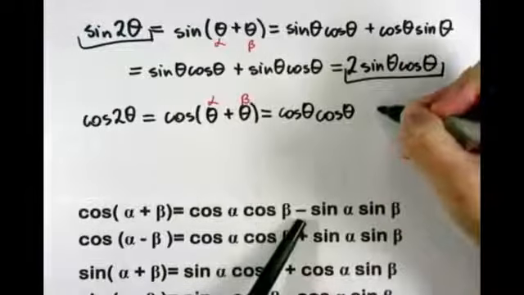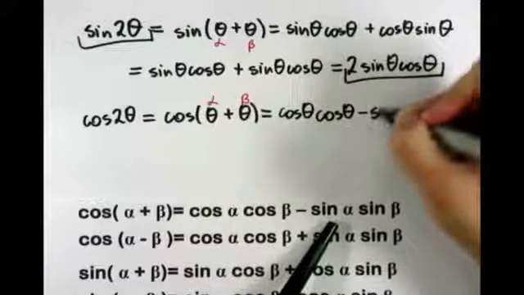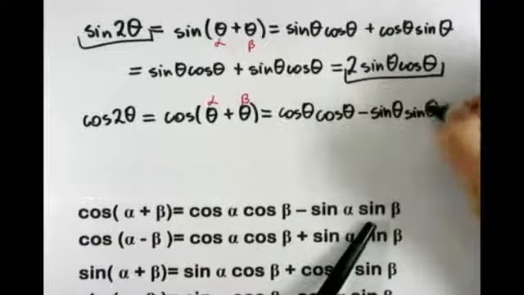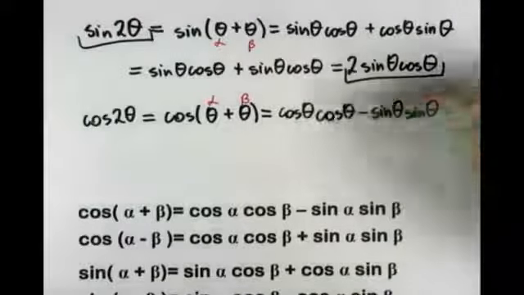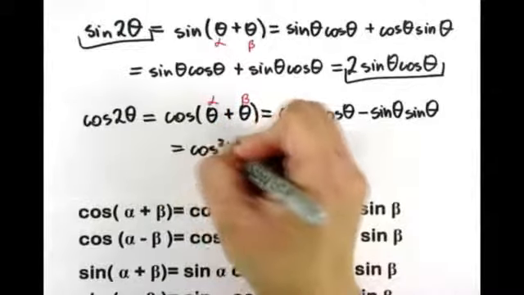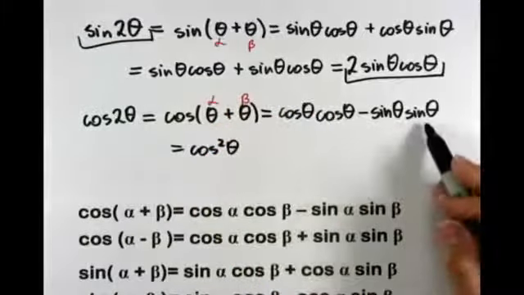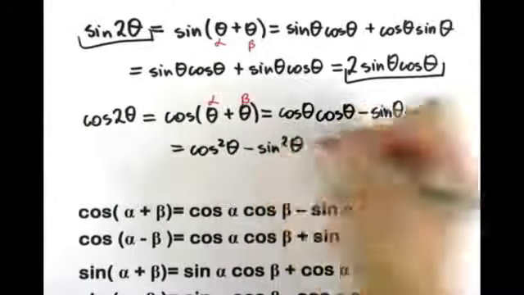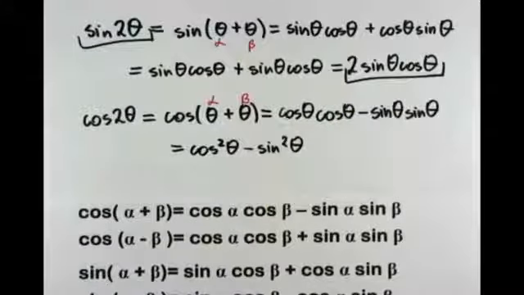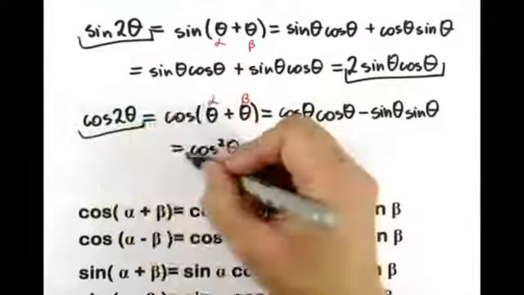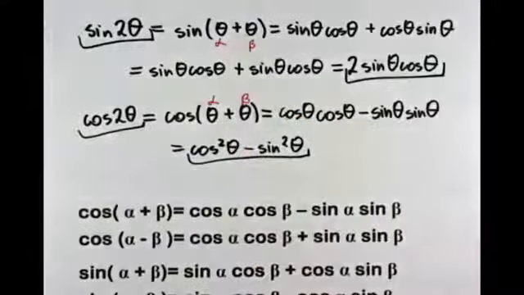Then I have minus sine alpha, which is my theta, and sine beta, which is my theta. Cos times cos is cos squared, so this one is equal to cos squared theta. Sine times sine is sine squared, minus sine squared theta. So that's the second formula that we are getting, that cos 2 theta is equal to cos squared theta minus sine squared theta.